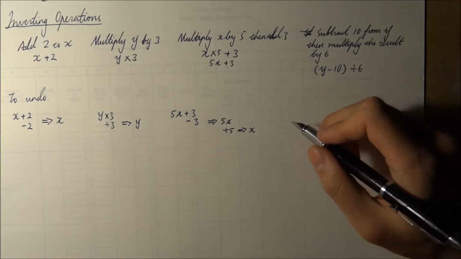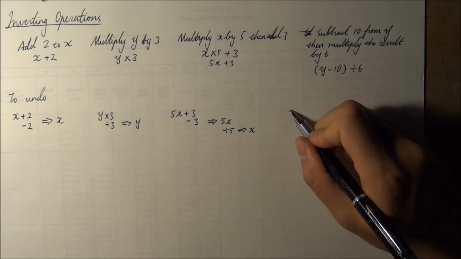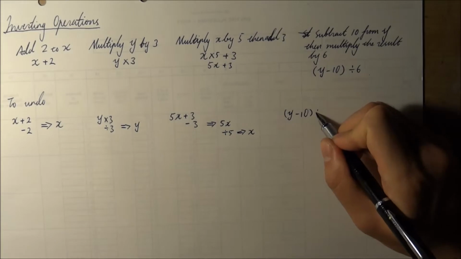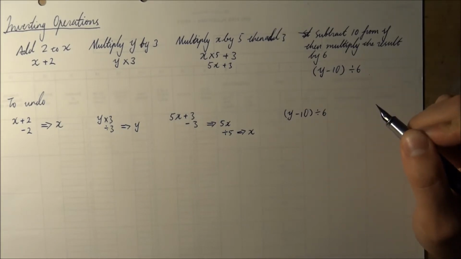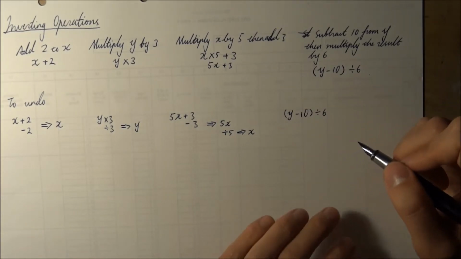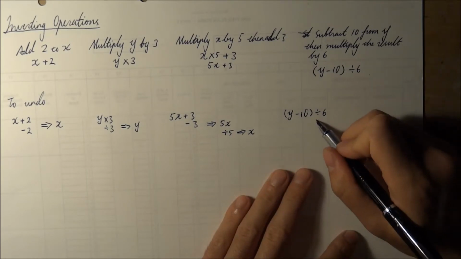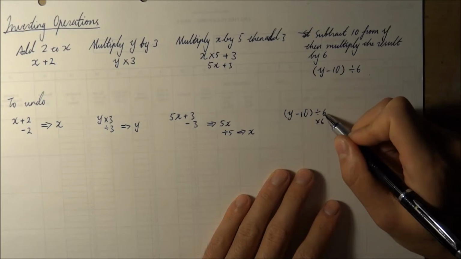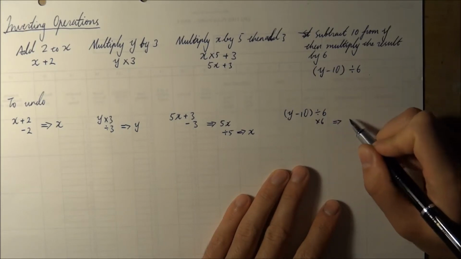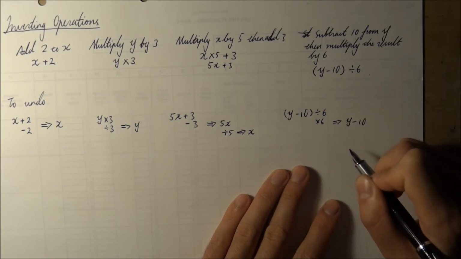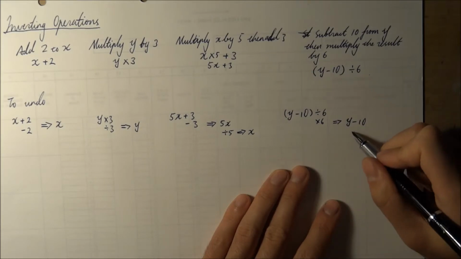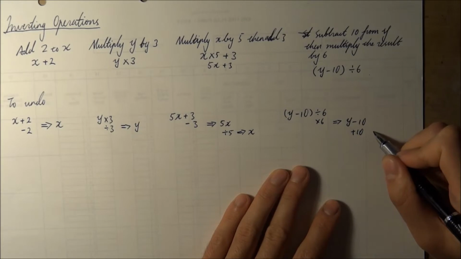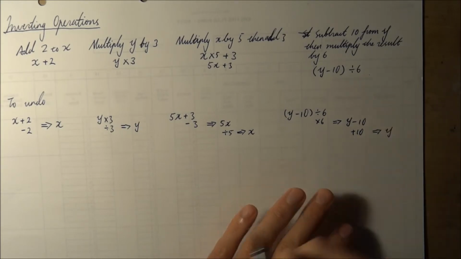Similarly, with y minus 10 in parentheses, divided by 6, we have to take 2 steps. Firstly, we multiply by 6. So multiply cancels out divide, so we end up with y minus 10. And then we add 10 to cancel out the minus 10. And we end up with y.